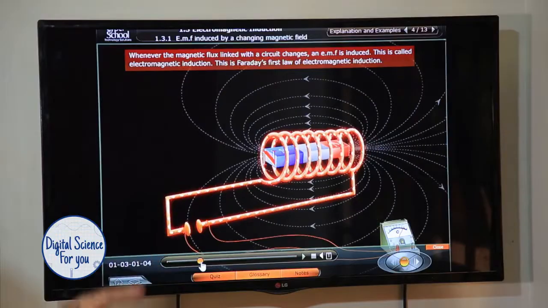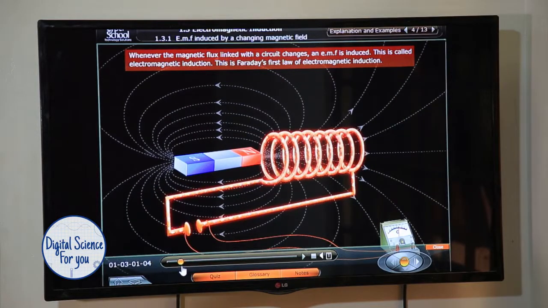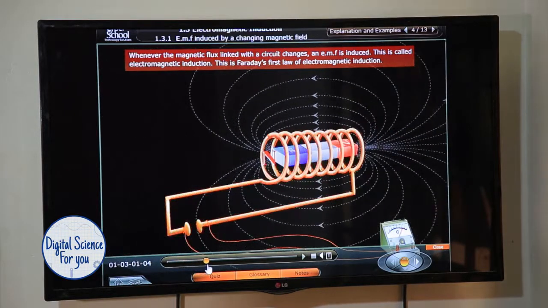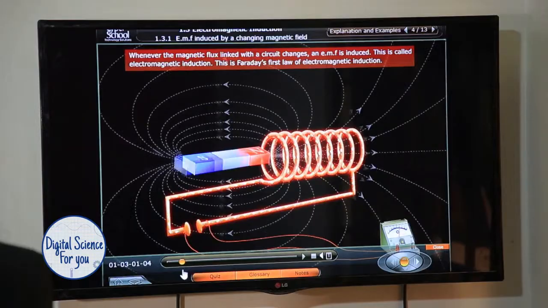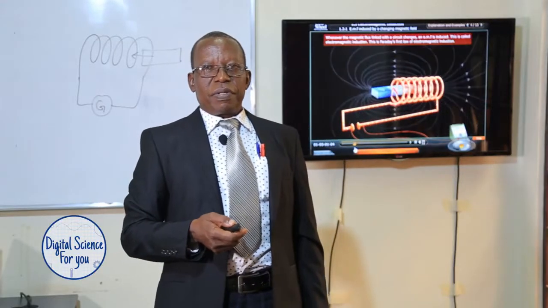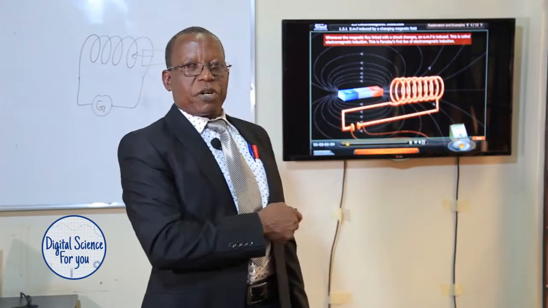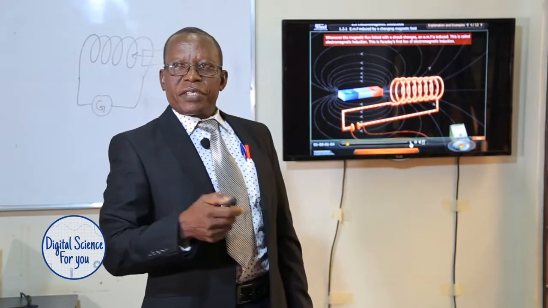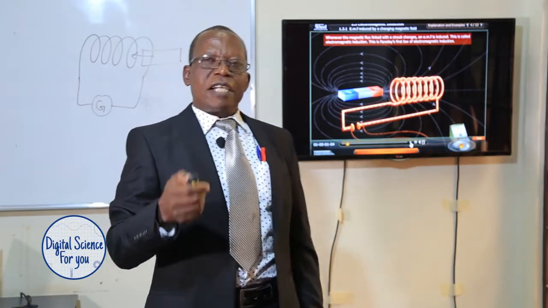And they are showing that there is an EMF. EMF is short for electromotive force. They are showing that EMF is induced in the coil. And this EMF is induced only as long as the magnet is moving into the coil.